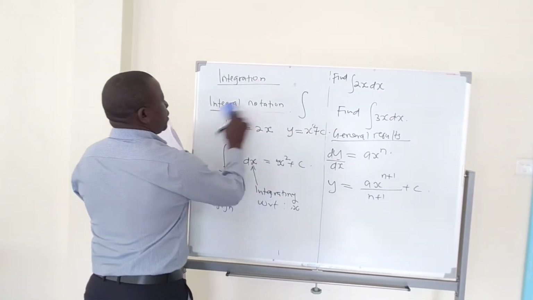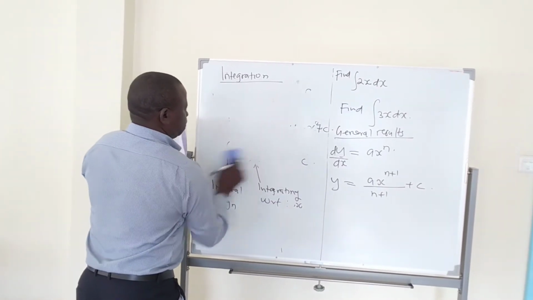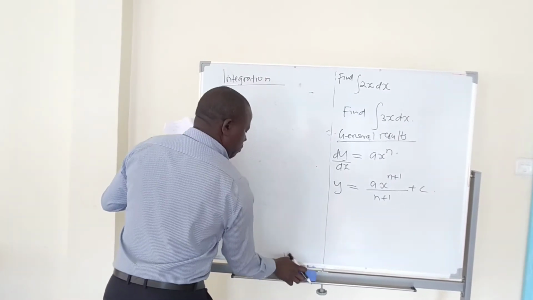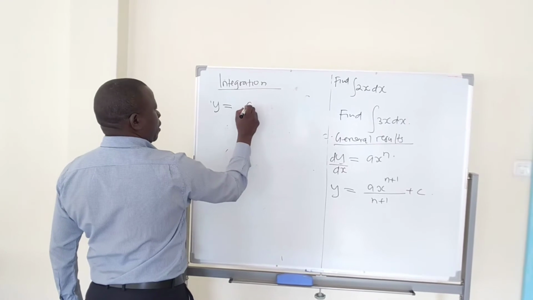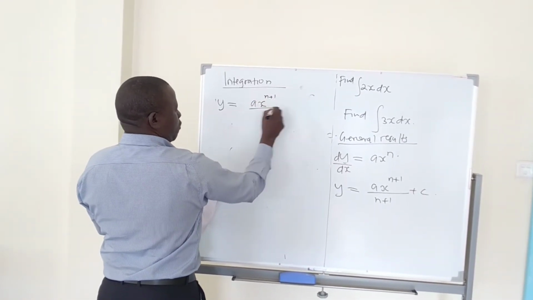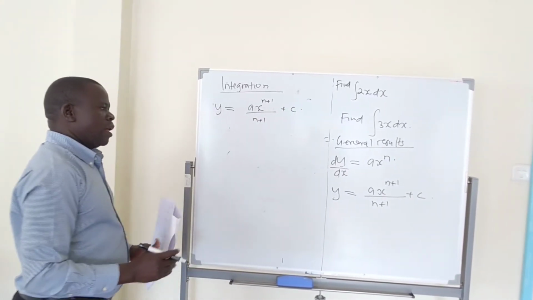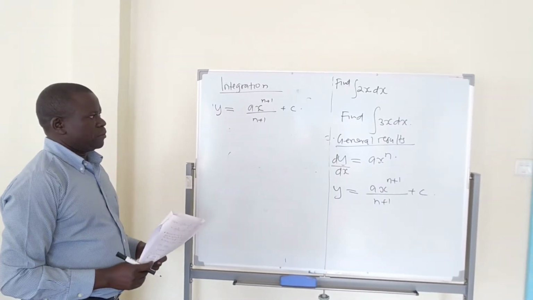if my y is now a x to the power n plus 1 over n plus 1 plus c as the function, can I go back here? I want to prove it. How do I prove this?